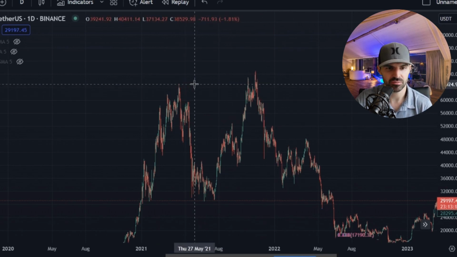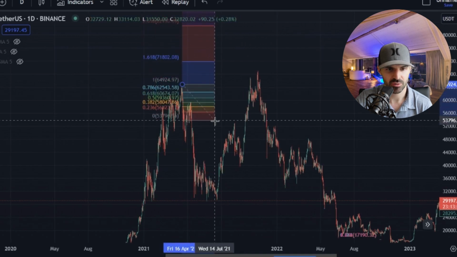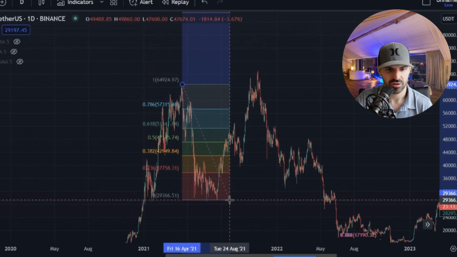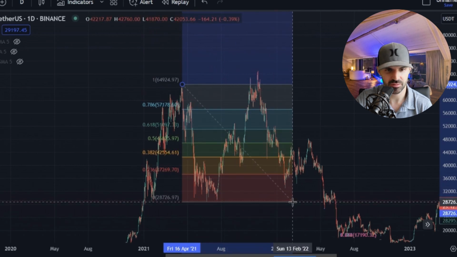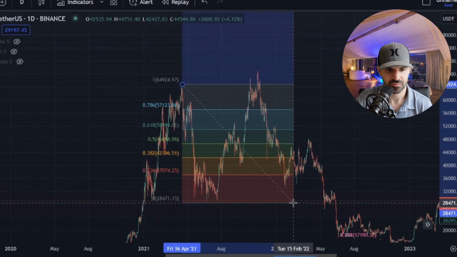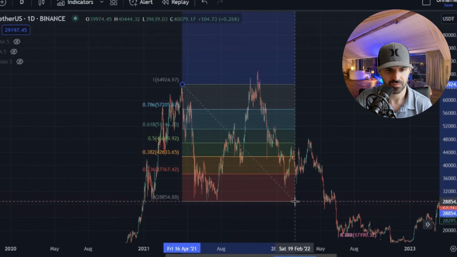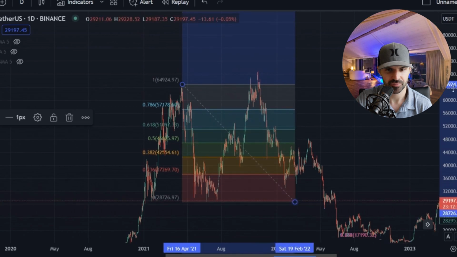What we can do is put our fib on the tip of this wick, which was the previous high, and bring it down to the low of this wick right here, and we'll extend out the lines a little bit to here.